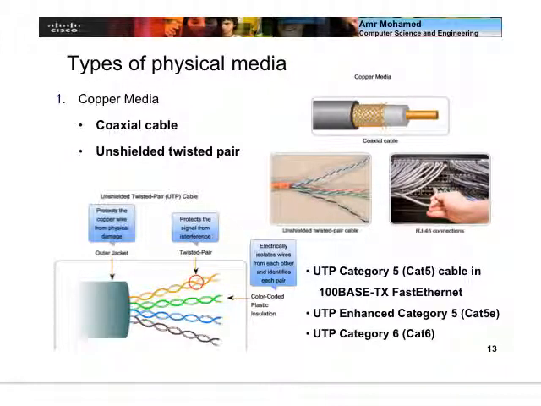The copper media covers any kind of cable that uses copper as part of its components. These copper media are divided into two major categories. One is the coaxial. Coaxial means you can use one single, thick copper wire, and it has all types of shields, as we will see.